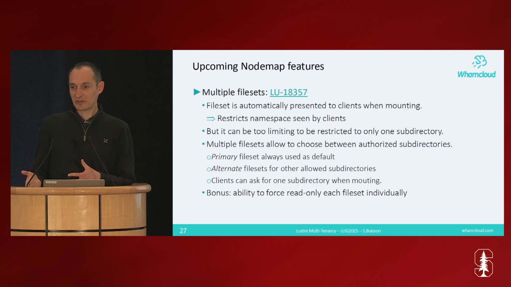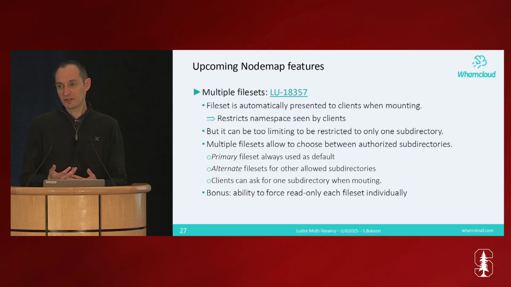So we introduced this possibility to define several file sets. There is still the primary file set, which is considered the default, and then you can define alternate file sets. So basically, you would build a list of authorized subdirectory mounts.